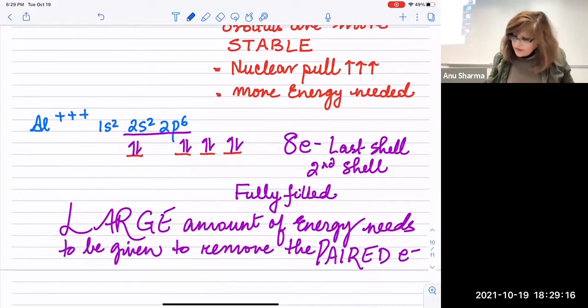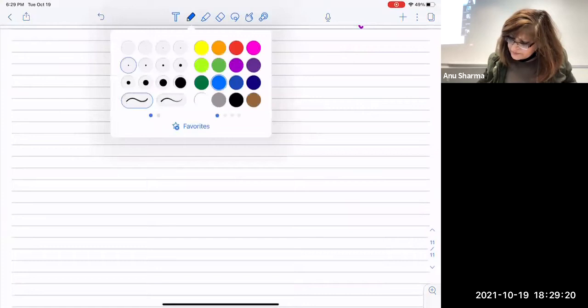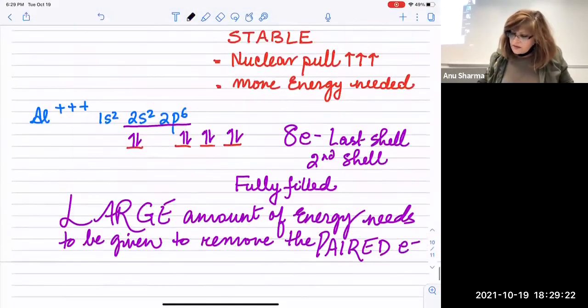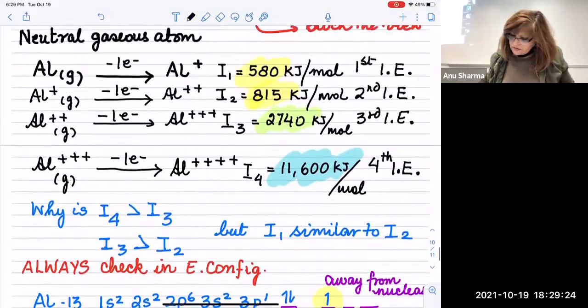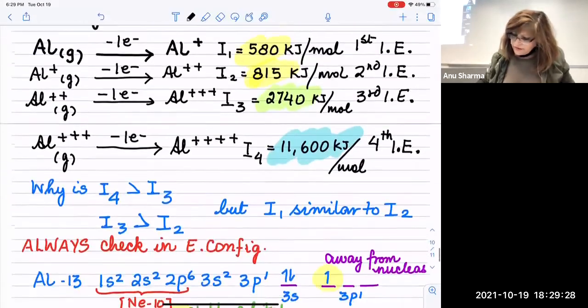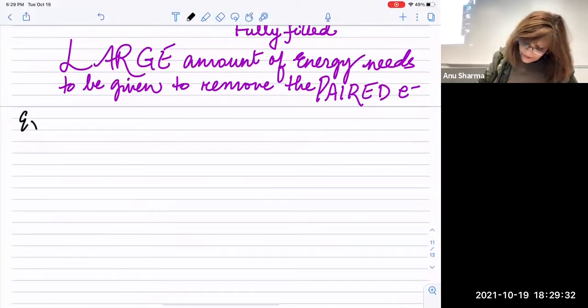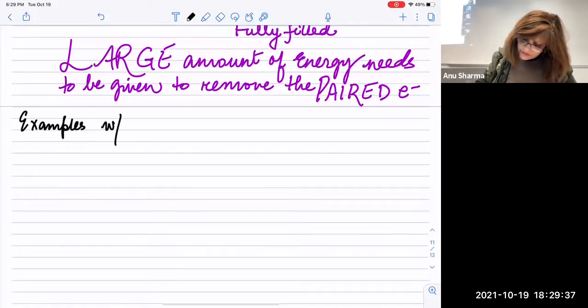Now there's also another. Let's look at this one. There are a few other examples. So neutral gases. Okay, another example. Some examples with exceptions. Now, which ones are those?